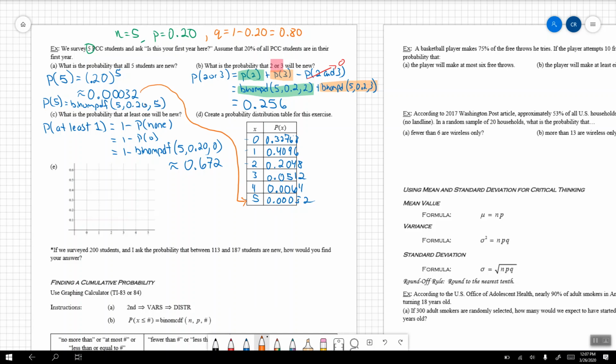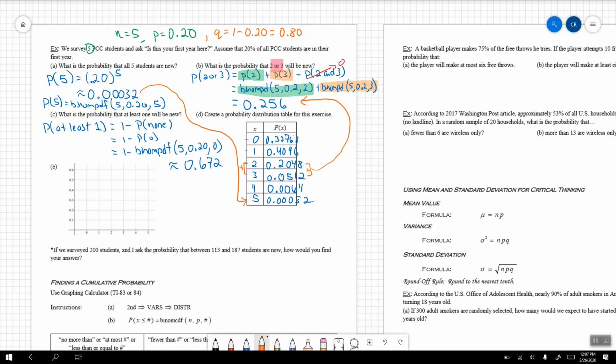Now, look at the probability for part B. Part B says probability of 2 or 3. Well, can we just come to the table here and add these two probabilities right here? If we add those two probabilities, do we get exactly this? Yes, we do.